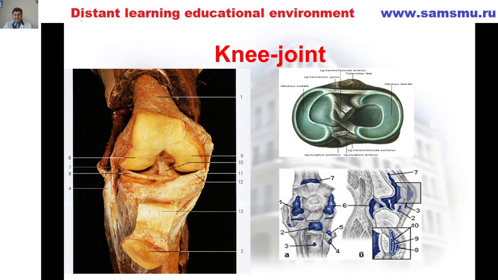On the posterior aspect of the knee joint capsule are two ligaments merging with its posterior wall. The arcuate popliteal ligament, ligamentum popliteum arcuatum, and the oblique popliteal ligament, ligamentum popliteum obliquum. The tendon of the quadriceps muscle of the thigh is on the anterior aspect of the knee joint. It includes the patella as a sesamoid bone and is then continuous with a thick and strong patellar ligament.